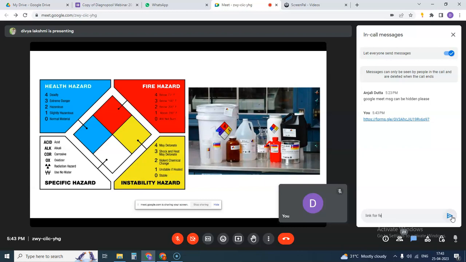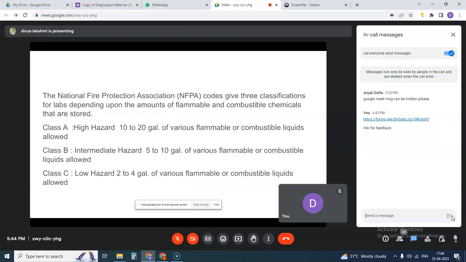So you can take some precautions before using, or when you're designing the lab, you can also make sure certain safety arrangements are made. Depending upon the type of chemicals used, NFPA will classify the labs as Class A, Class B, Class C. Class A labs are where high-hazard chemicals are used, and 10 to 20 gallons of various flammable liquids can be used.